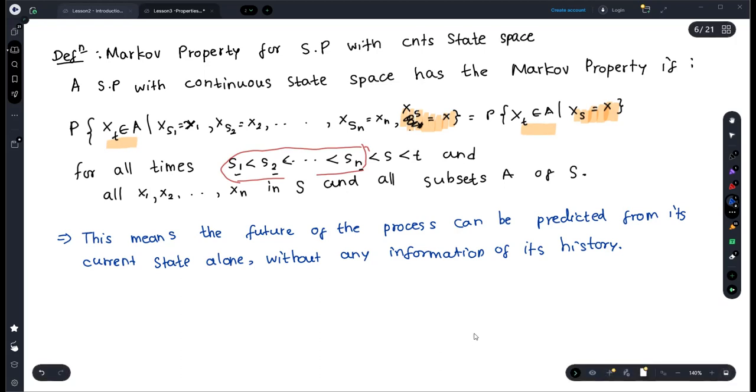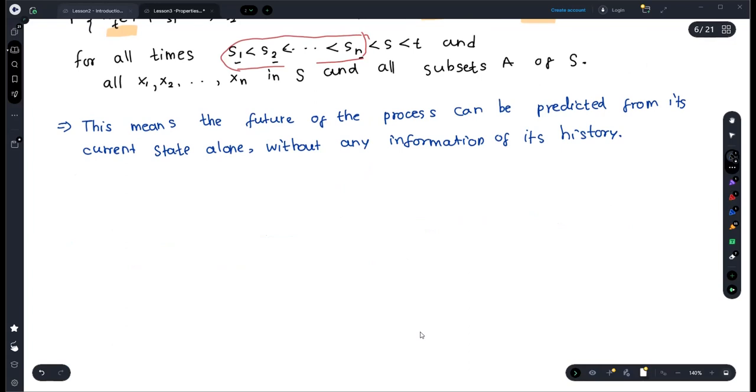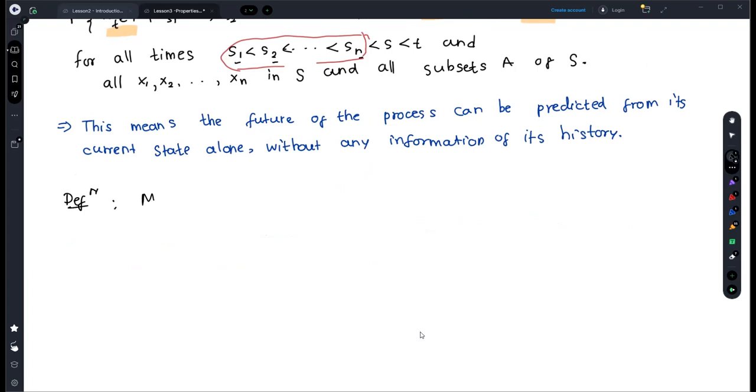Then you can repeat this definition for a discrete state space, right? Markov property of a stochastic process with discrete state space.